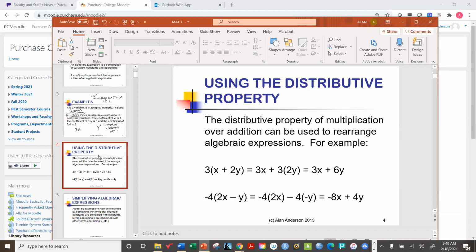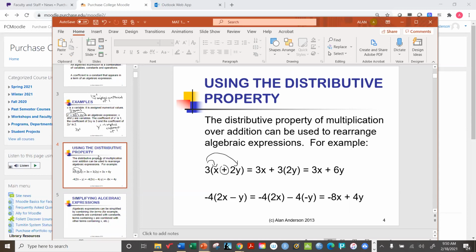Here we're not going to typically wind up with constants, but something like this tells us this is the distributive property of multiplication over addition, and it means multiply 3 by each of these terms and add up the results. So you'll end up with 3x plus 3 times 2y, and ultimately that becomes 3x plus 6y.